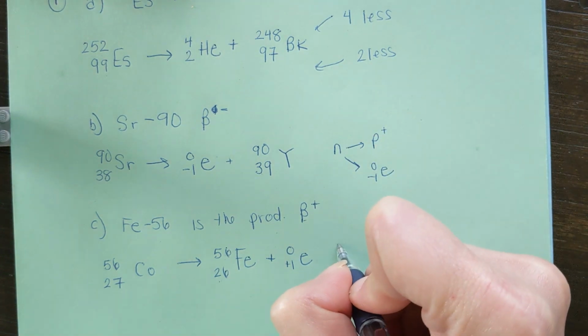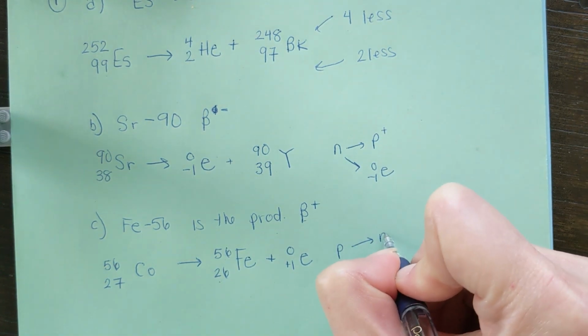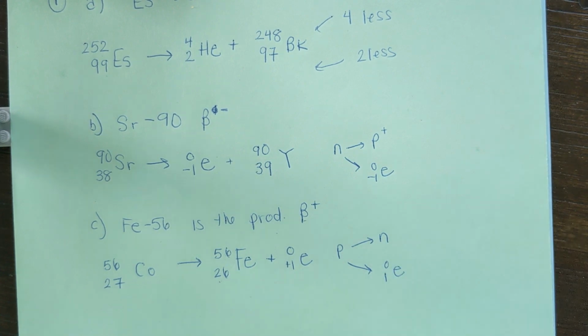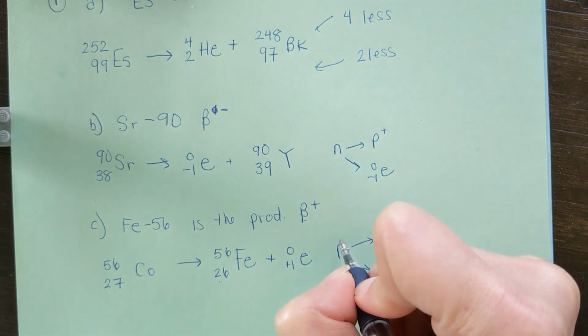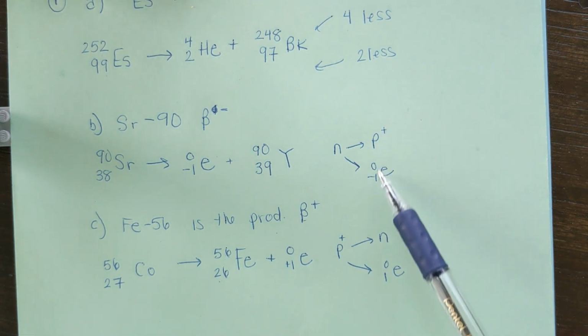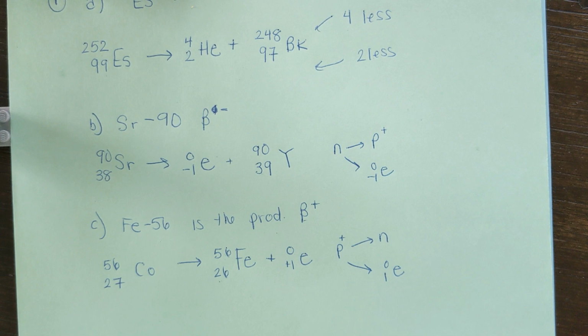Over here, we have a proton being turned into a neutron and a positron. So if you look, the charges balance here. We have a plus charge and a minus charge to give us our neutral neutron. Here we have a positive proton.